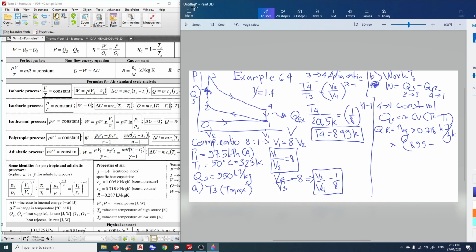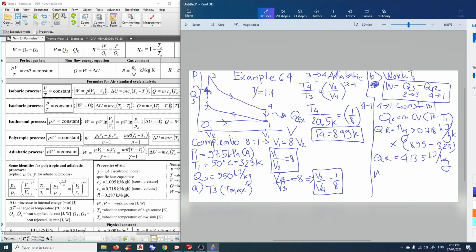T1 is 50 degrees Celsius, so it's 323 Kelvin. Q reject is equal to 413.5 kilojoule per kilogram. So now we can calculate the work being done.